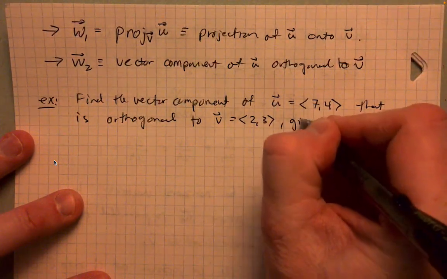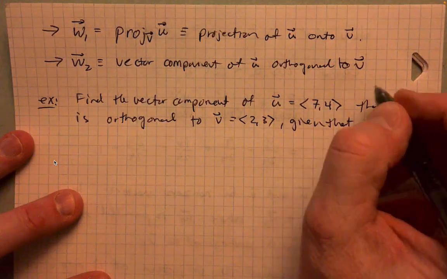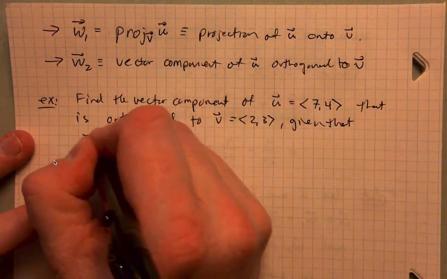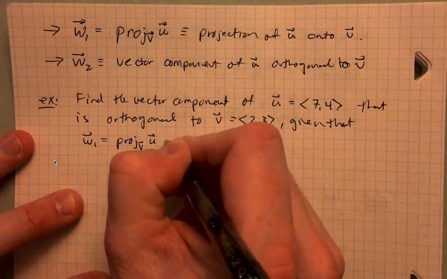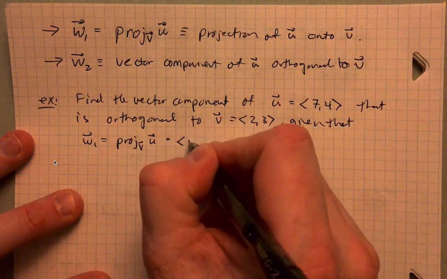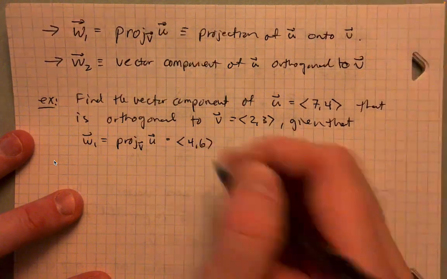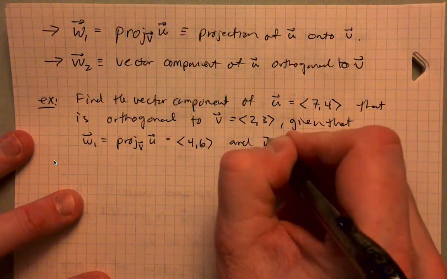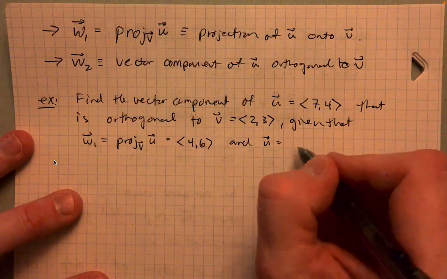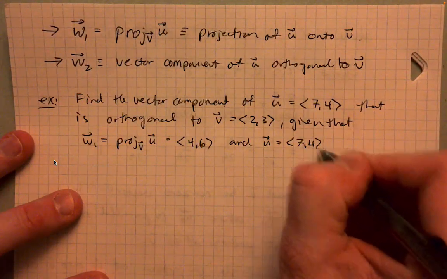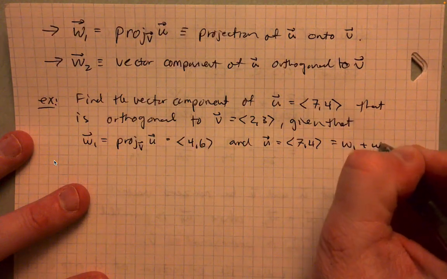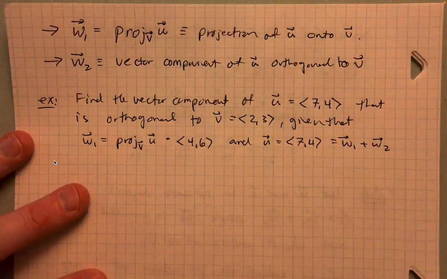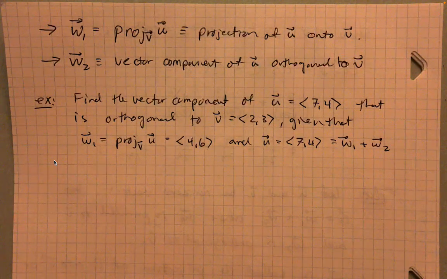Given that w1 equals the projection of u onto v, and that's equal to the vector 4, 6, and u is equal to 7, 4, which is equal to w1 plus w2. So this is kind of a contrived example, just to make sure we have this one connection sorted out.